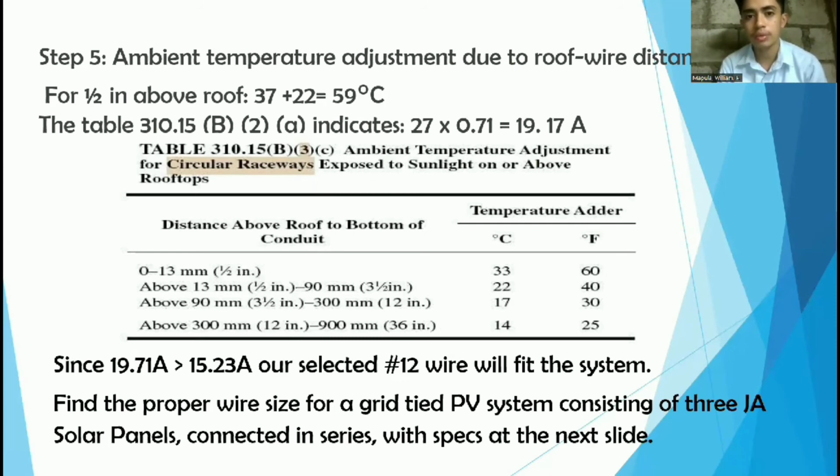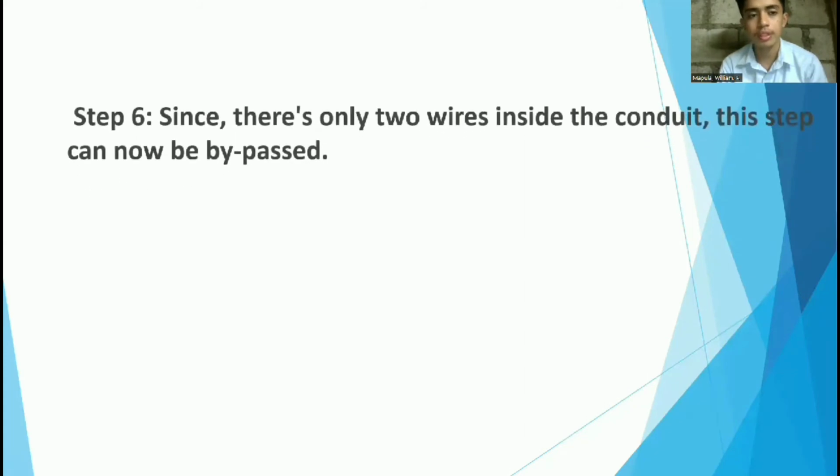Then since yung amperes natin is greater than 15.23, gagamitin natin yung number 12 na wire for our solar panel. Step 6, since there's only 2 wires inside the conduit, this step can now be passed dahil dalawa lang yung wires na gagamitin natin, hindi higit sa 3.